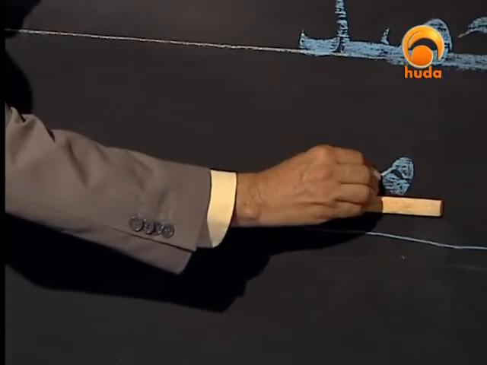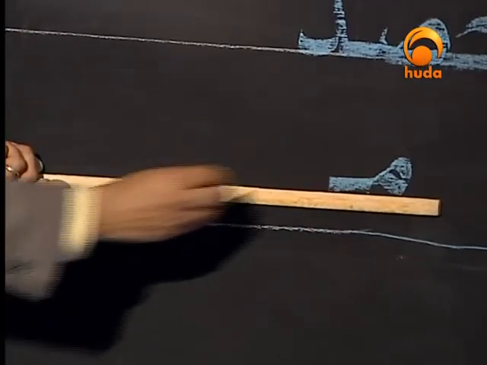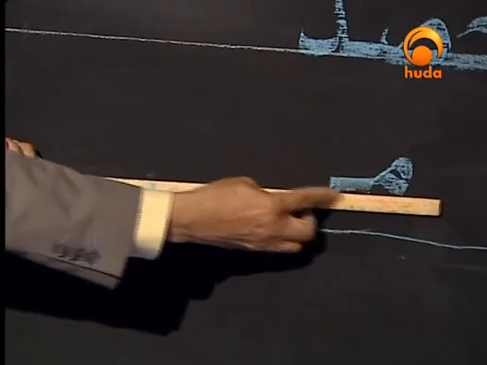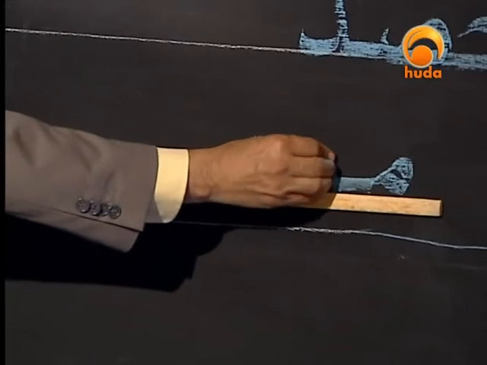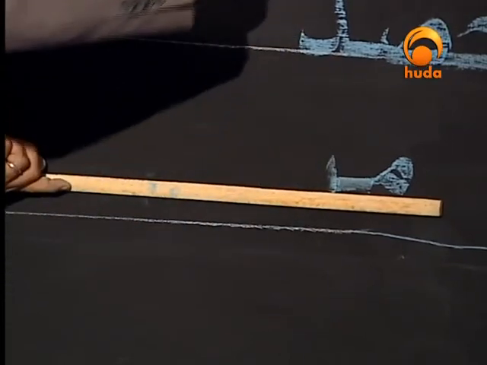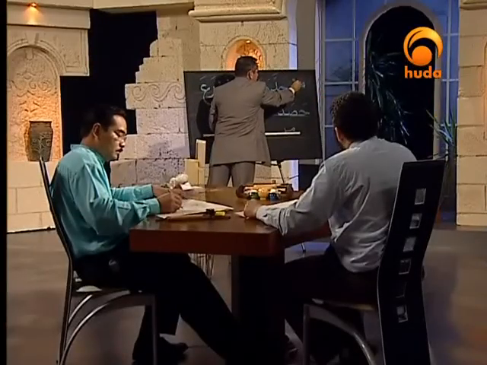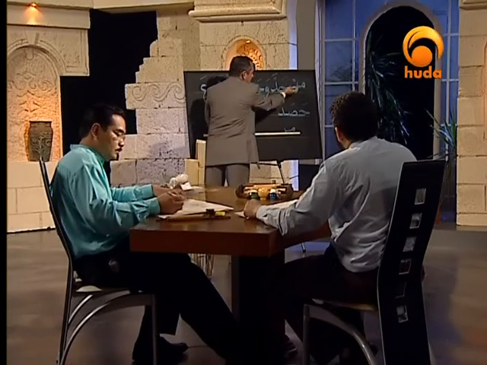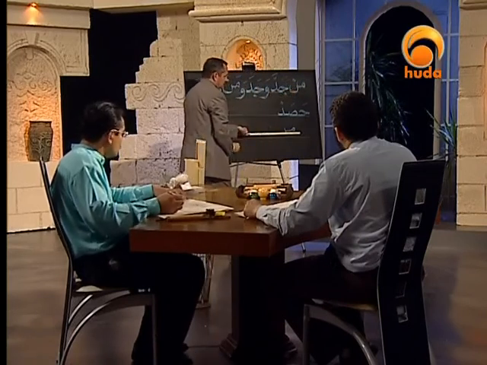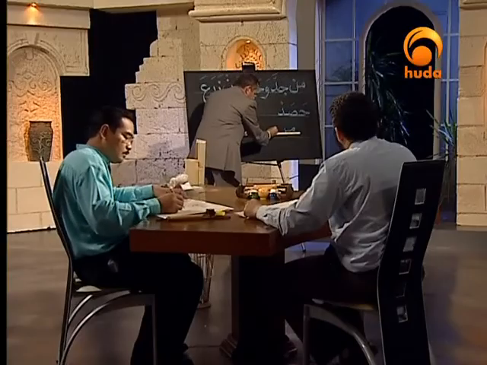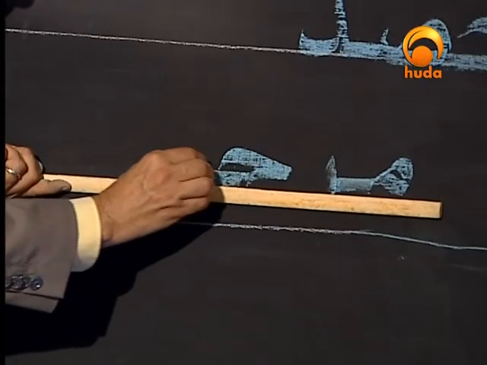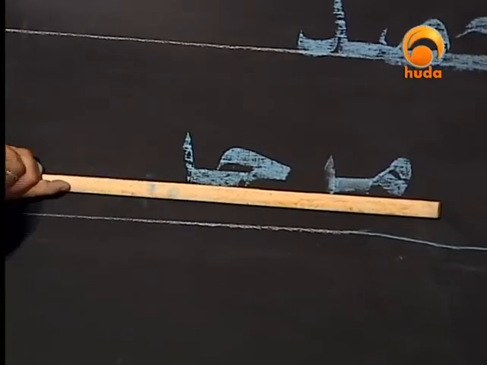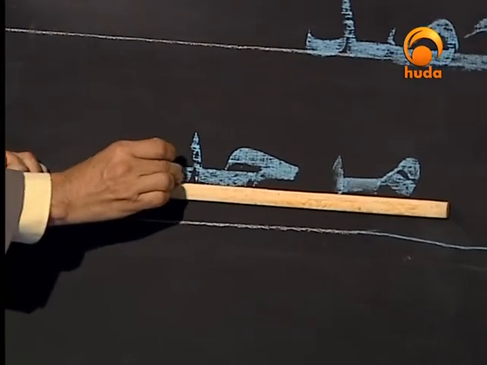Then I'll go straight following the rule guide, and this is a part of Noon, this one. And I leave the rest. Jim of Jadda, and I go up, and this is Dal.